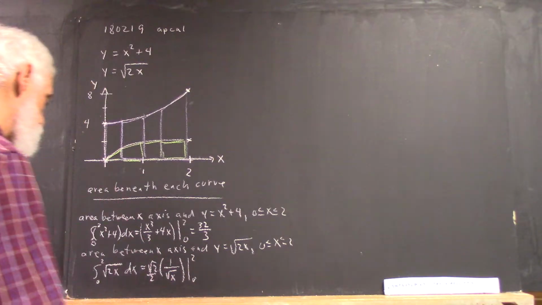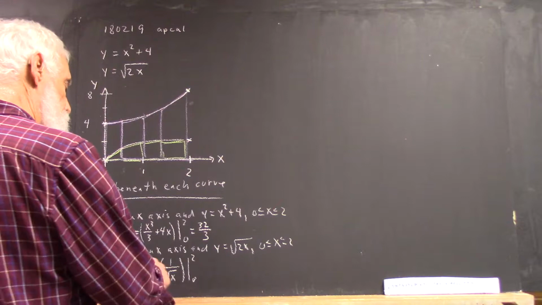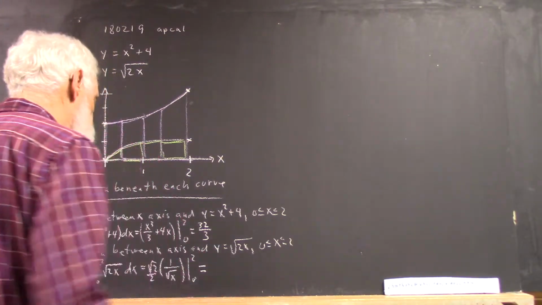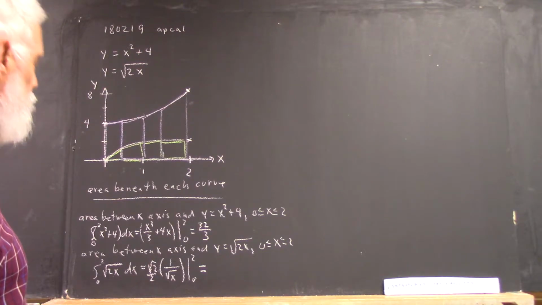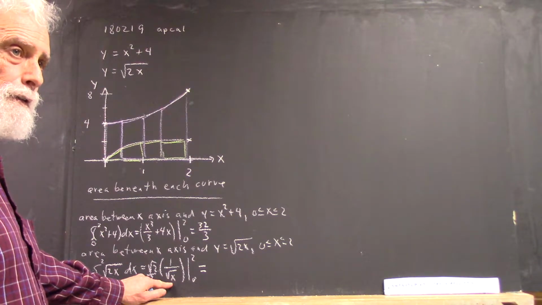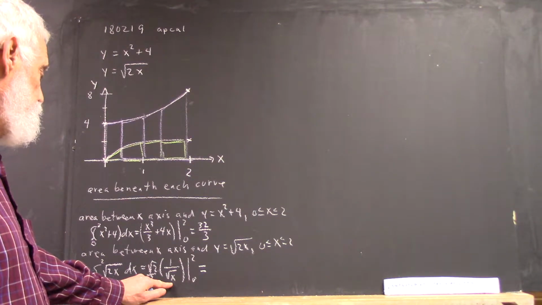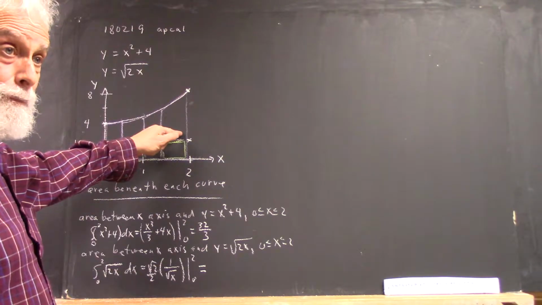Let me double check. And that's going to be, yep, that's right. Okay. If it isn't, we'll find out in a minute. And you've got a problem because your antiderivative is undefined here. But you still clearly have an area.